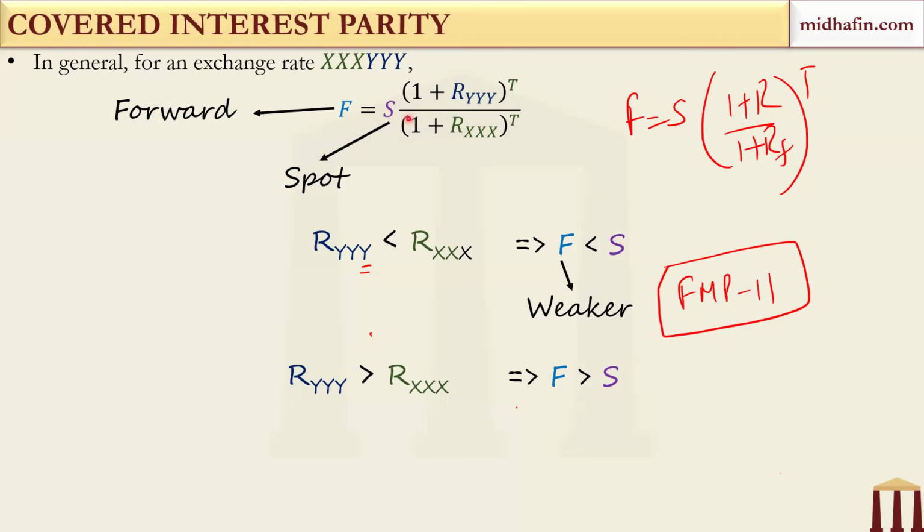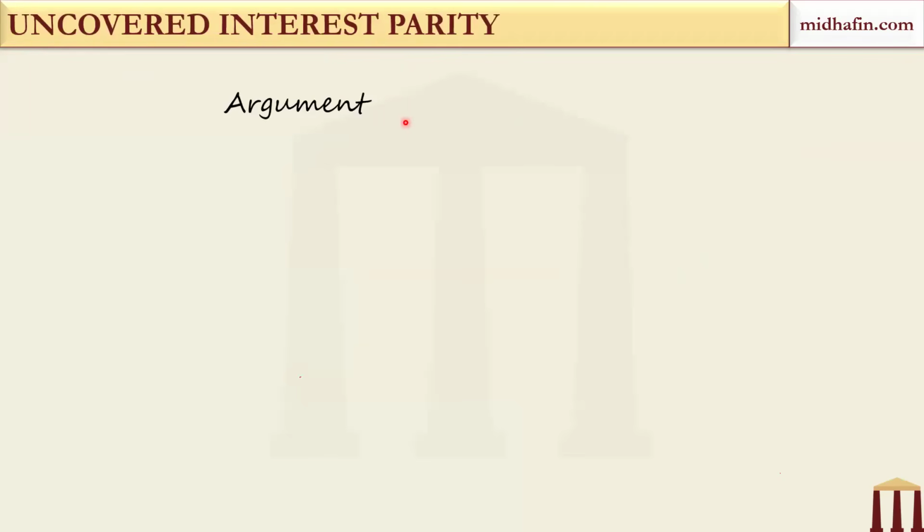Whereas uncovered interest rate parity assumes that the future spot rate itself will adjust to equalize this difference in interest rates between the two countries without the use of any forward contracts. It is simply based on an expectation and an argument that the high interest rate in one country should be offset by depreciation of that country's currency against the other country's currency. Is the difference clear?